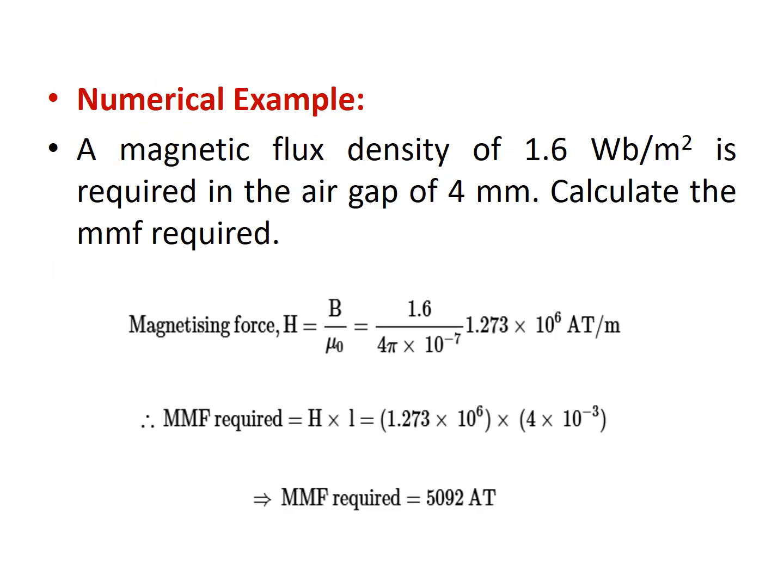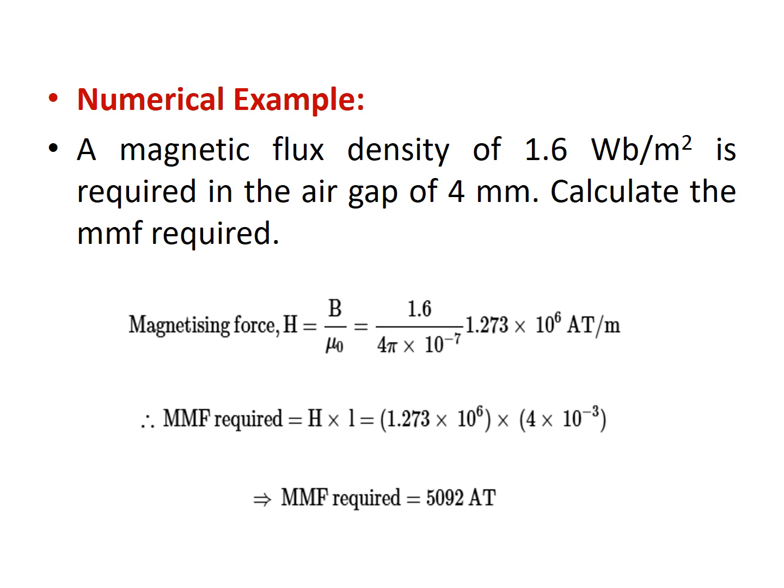Let us consider another example. A magnetic flux density of 1.6 Weber per meter square is required in an air gap of 4 mm. Calculate the MMF required. So, the magnetizing force H equals B upon mu 0.